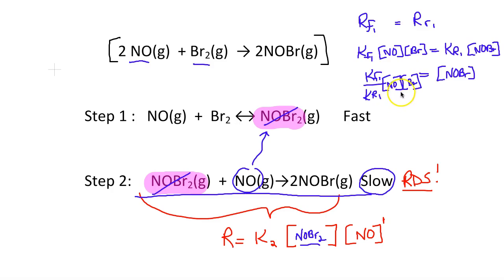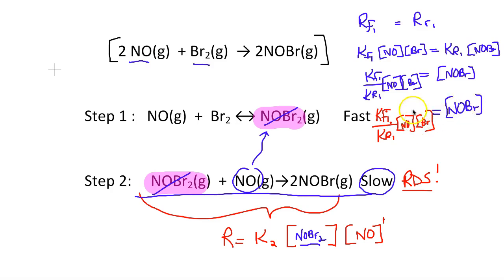So let's continue on. Let's clean this up. We have our NOBr can be expressed, because of the fast equilibrium, as the following. Let's make this in red. It's going to be k_f1 over k_r1 times NO times Br2.